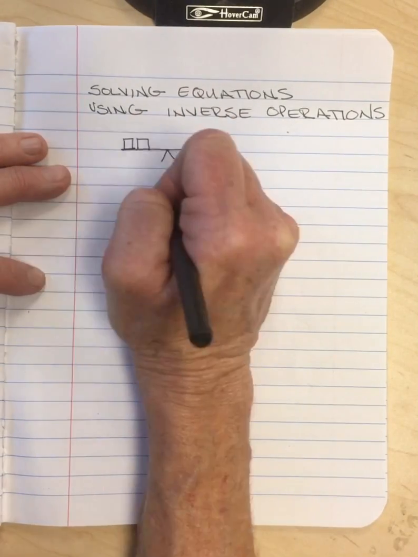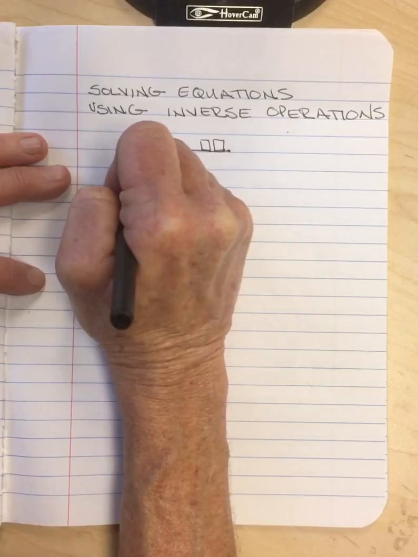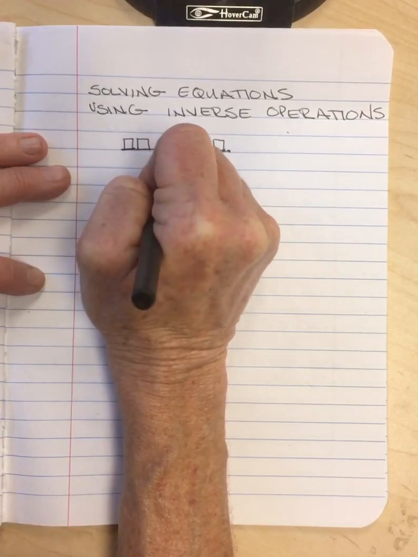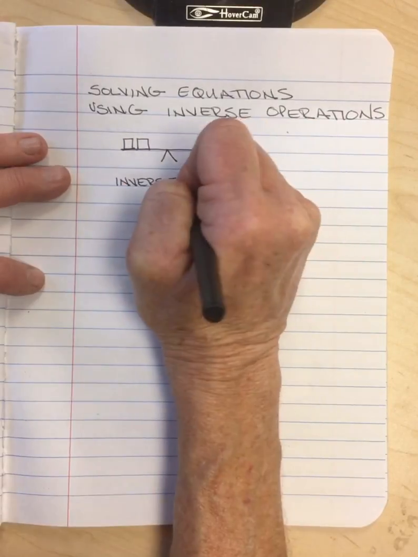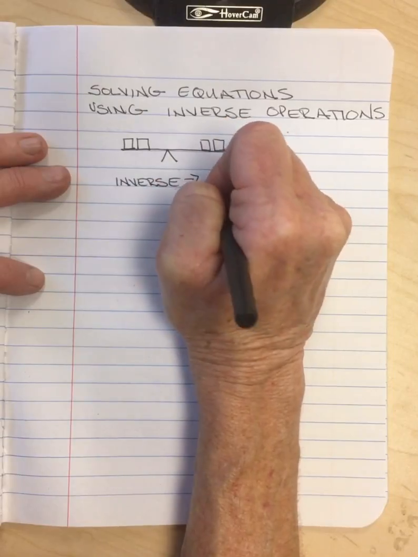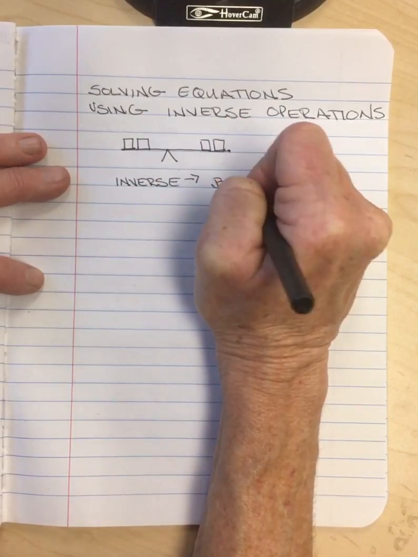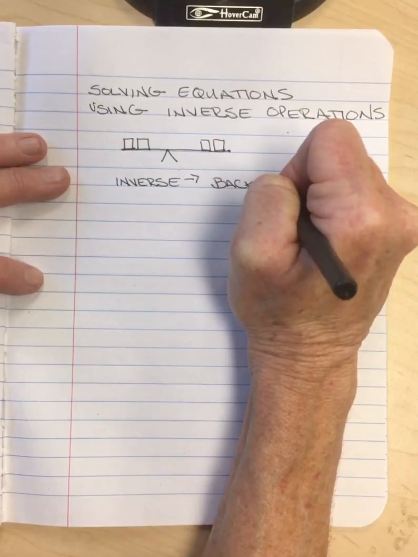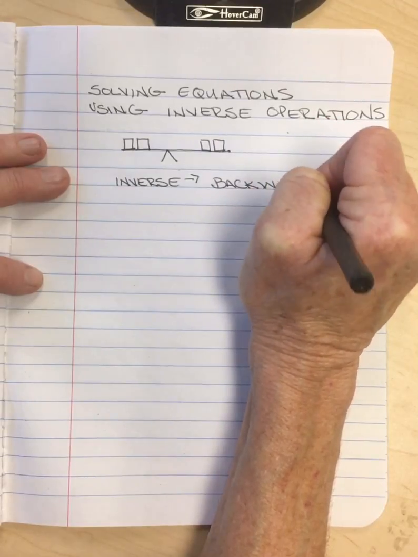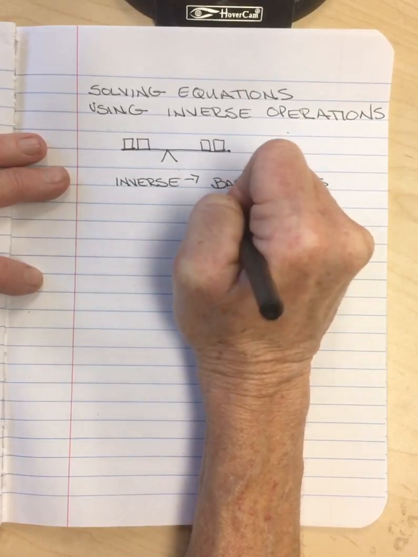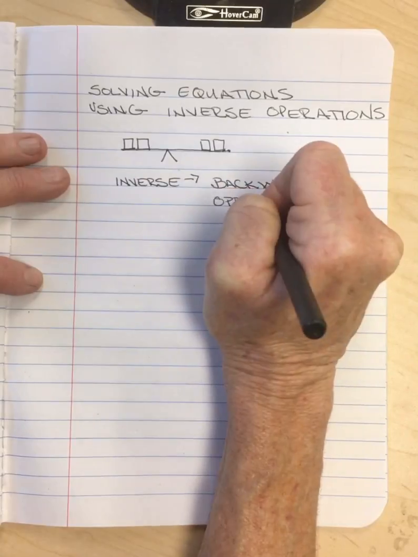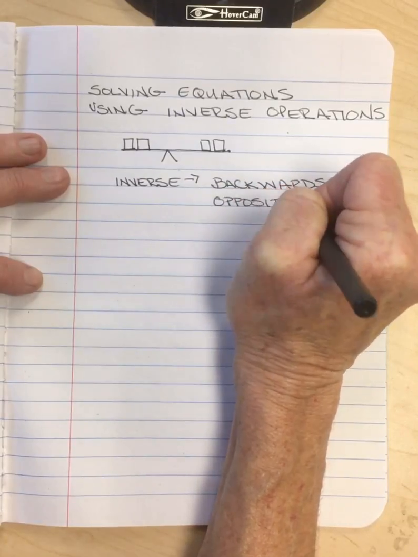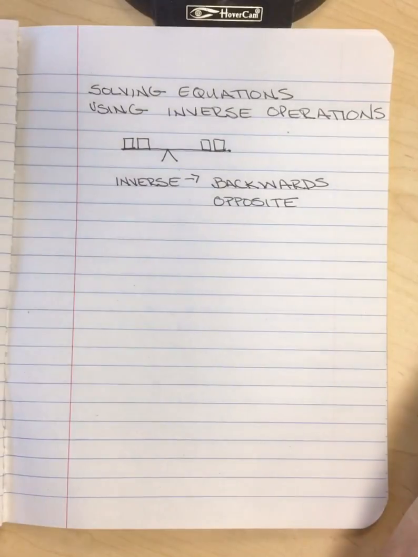Inverse means backwards. Okay, so it means backwards or opposite. So if the inverse of standing upright on your feet, the inverse would be standing on your head, the opposites.